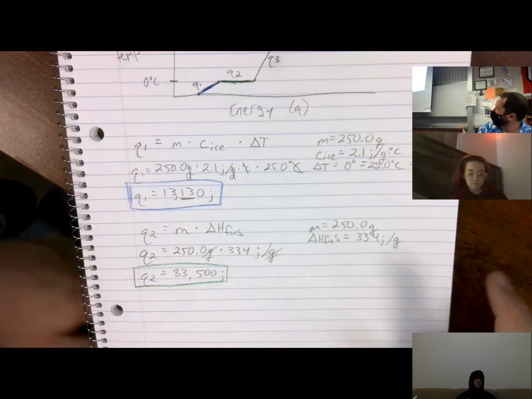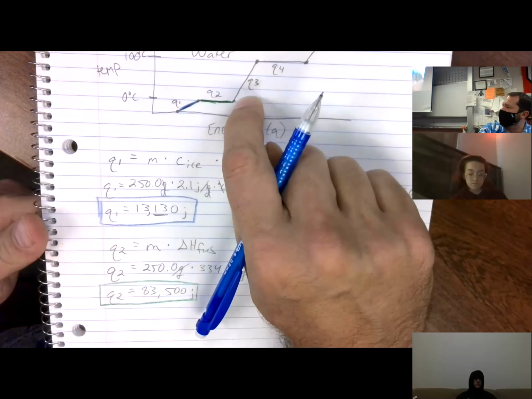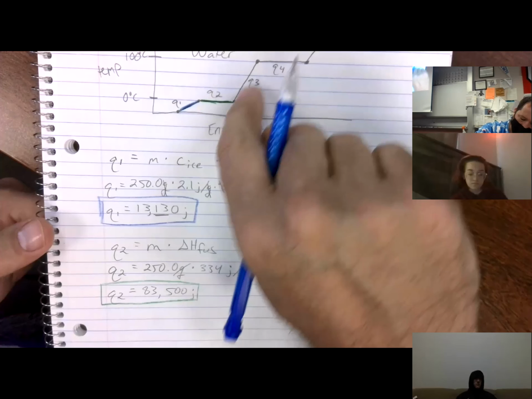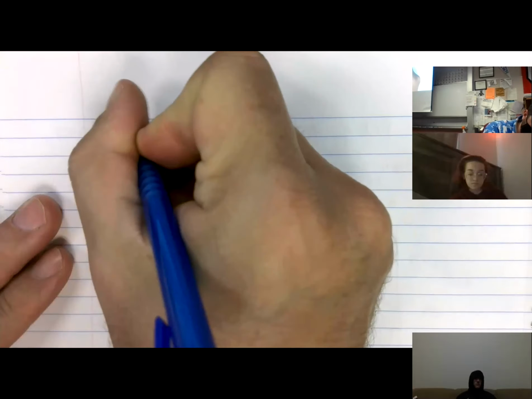Not even halfway home yet, though. Our next calculation, now that we've got our water at 0 degrees, we need to bring it up to boiling temperature, 100 degrees. So that's going to be our Q3. We're raising the temperature again.